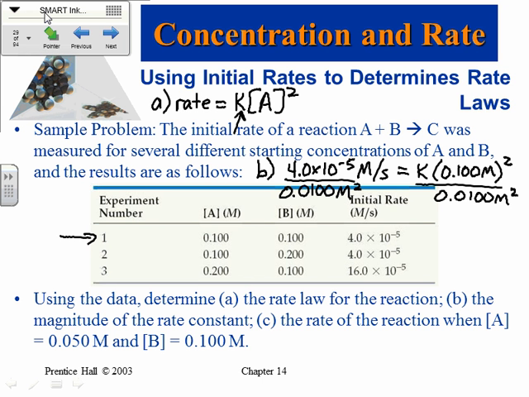So then you divide that by 0.01, and you should end up with 4.0 times 10 to the negative 3rd, I believe. Let me double check my math here. Yeah, 4 times 10 to the negative 3rd. So 4.0 times 10 to the negative 3rd is our K, and we have to be careful with our units.